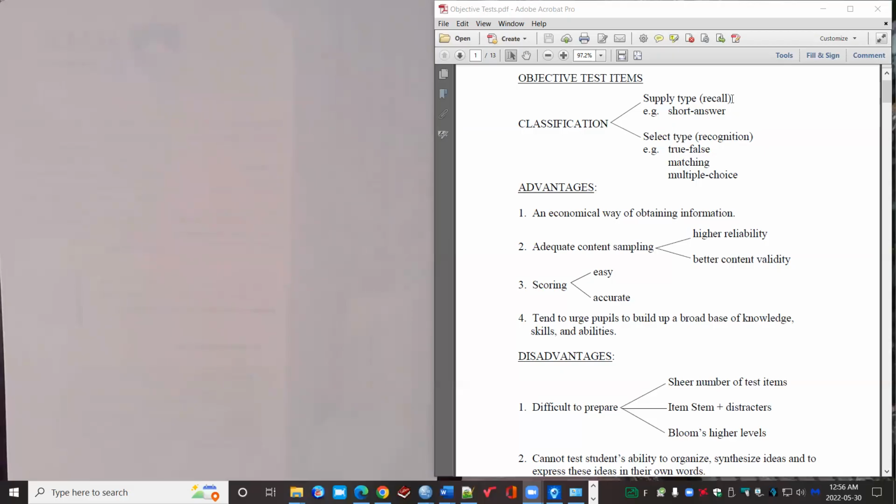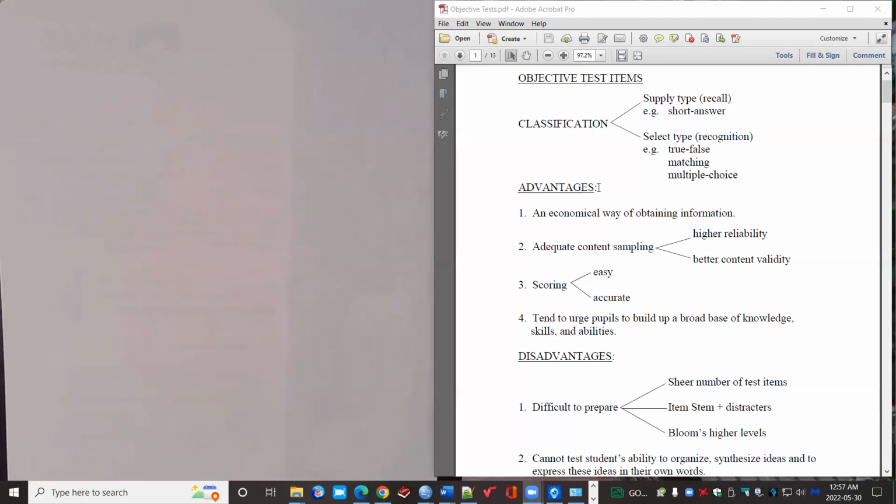Subjects or students have to rely on recall or on memory. Then the select type involves recognition memory, because the answers are already there: true false, matching, and multiple choice. One of the choices is the answer.